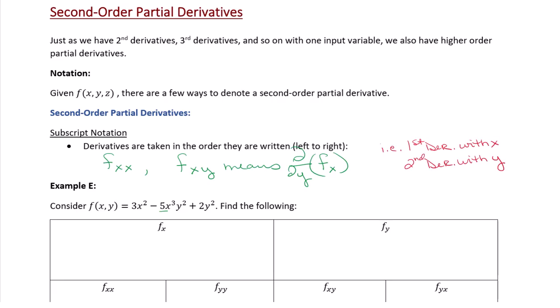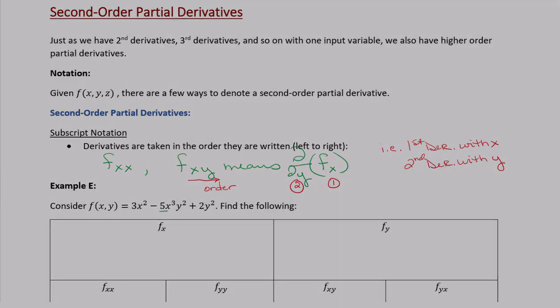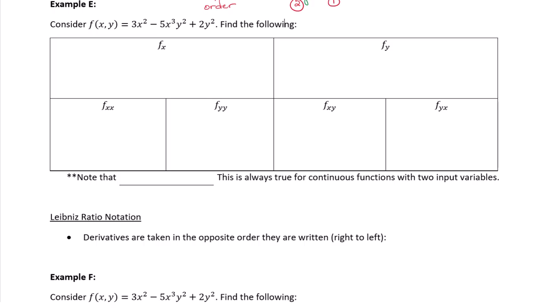So in the subscript notation, that means we are going to go in order from left to right. And if we're using the subscript notation along with Leibniz notation, that means we're going to work from the inside, find the first derivative with x first, and then move to the outside, find the partial derivative with respect to y.